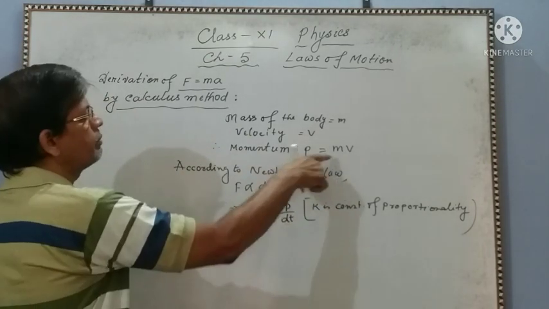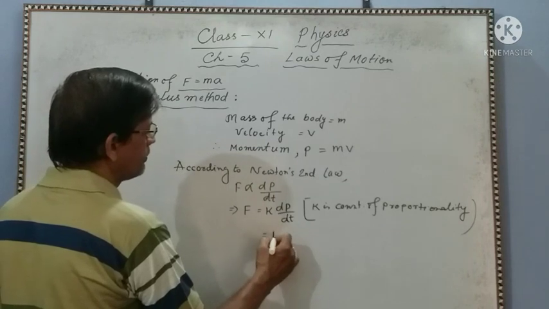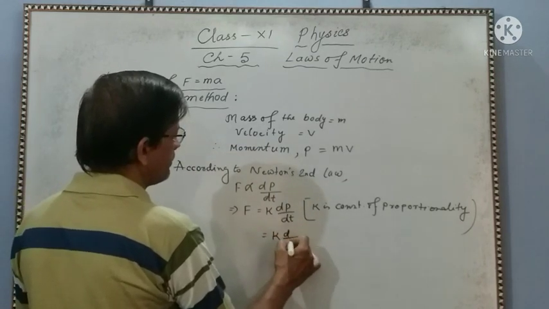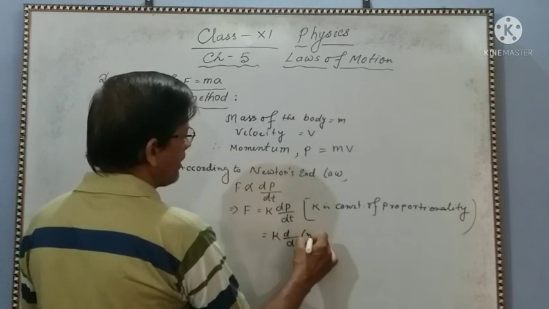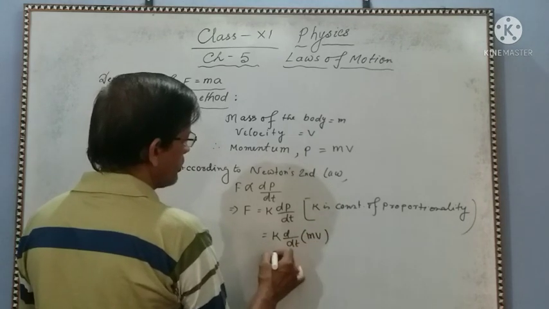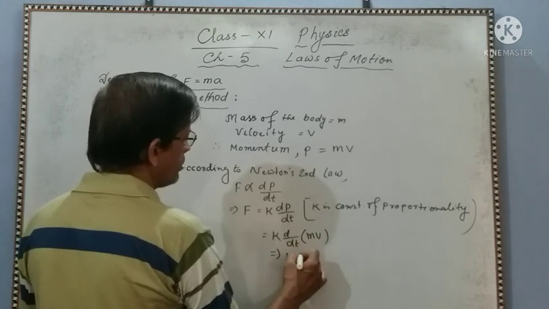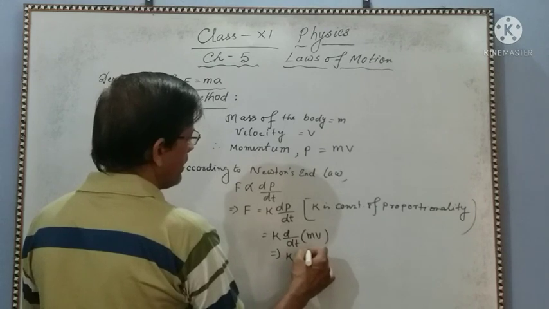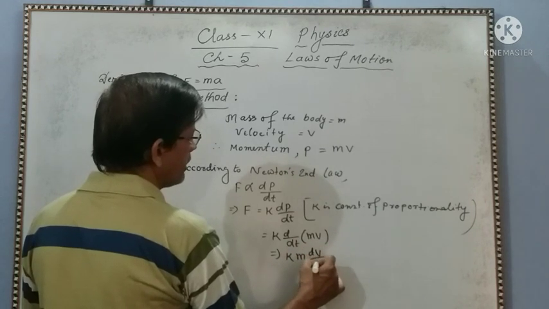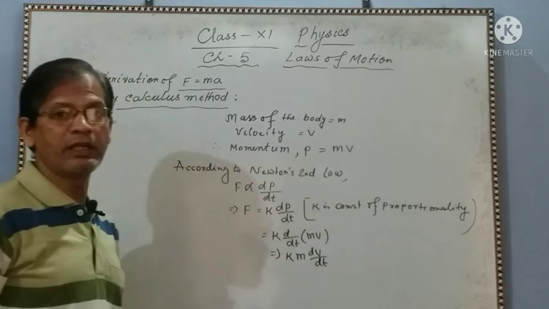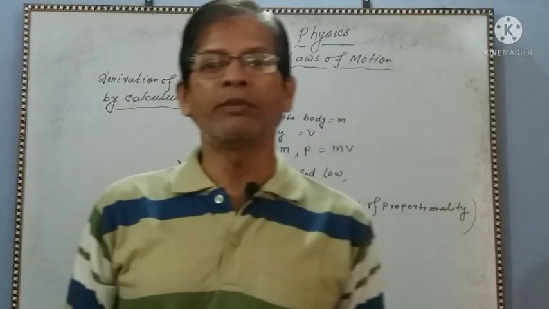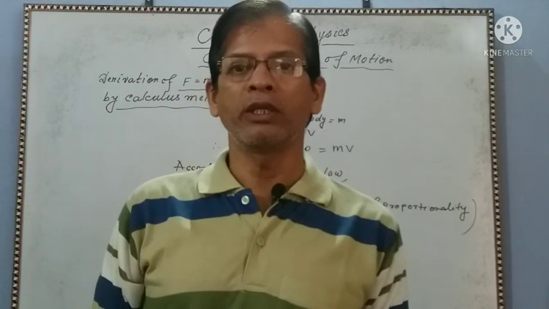Now what is P? P equal to mv. M is constant, so it is coming out, and dv by dt. Now what is dv by dt? dv by dt, that means rate of change of velocity. This is the acceleration.